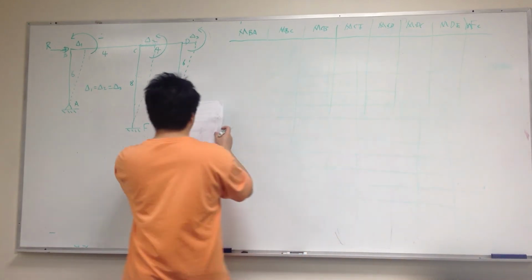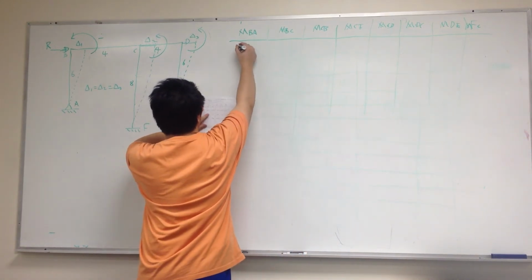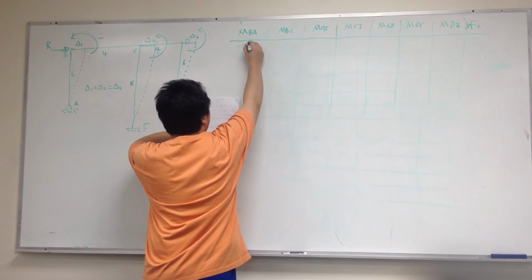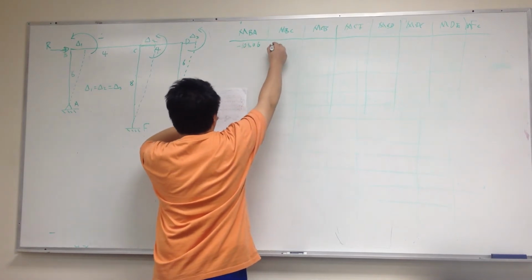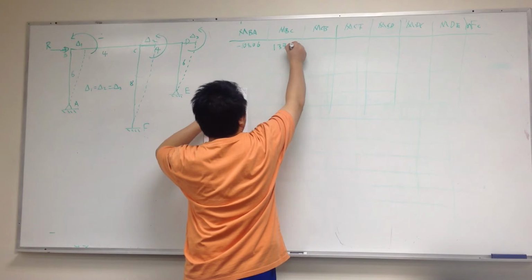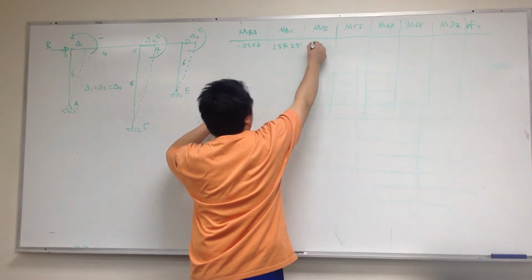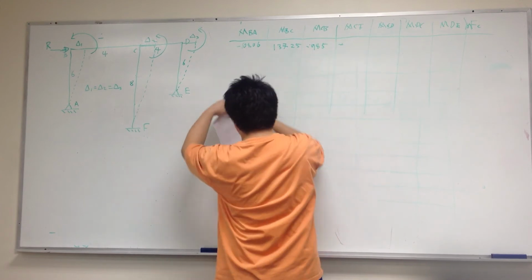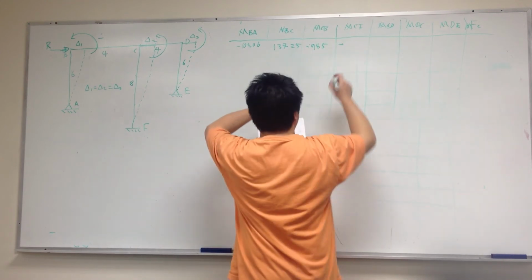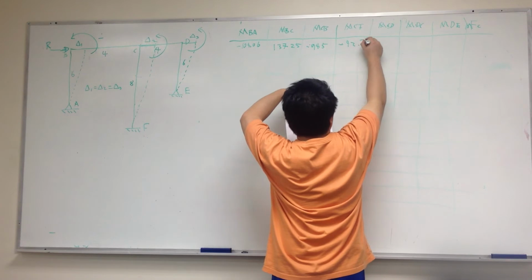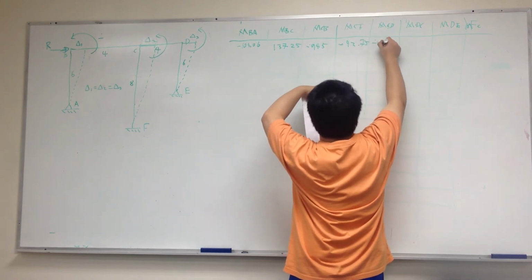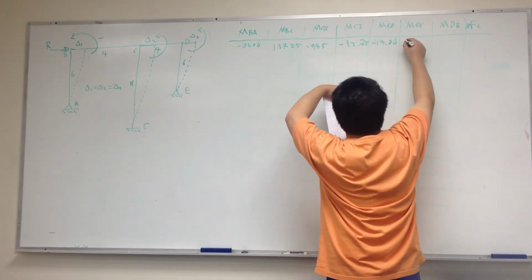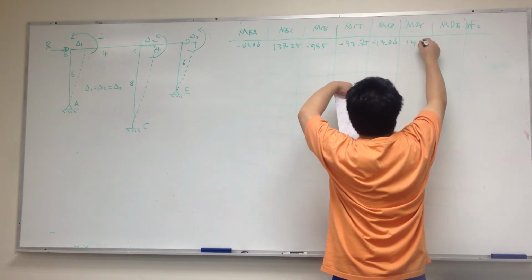In the first table, we got our result to be negative 104.06, 137.25, negative 94.5, negative 42.75, negative 14.06, 14.06.